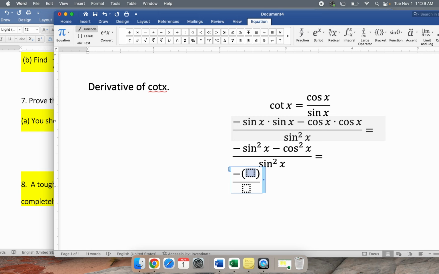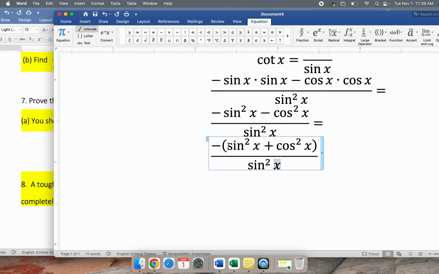If you pull the minus sign out of those two terms, you're left with sine squared x plus cosine squared x all over sine squared x. And if you remember anything about trig identities from last year, you should remember that sine squared plus cosine squared is 1. So in fact, this whole expression simply turns into -1 over sine squared x.